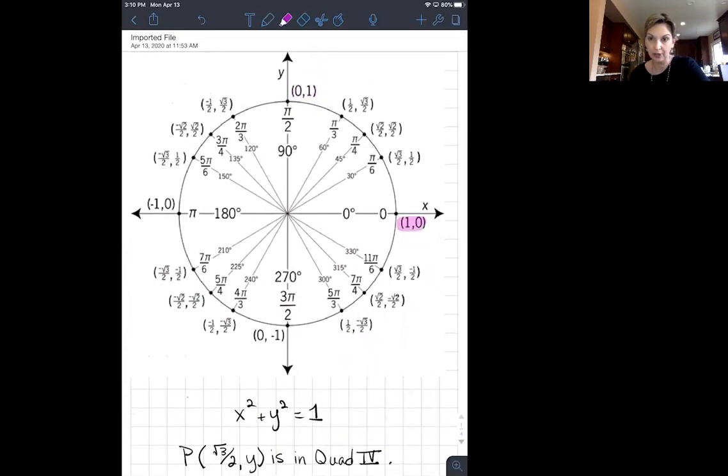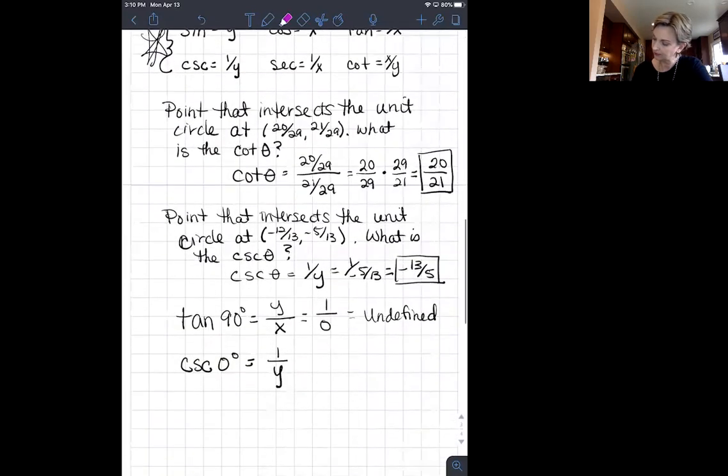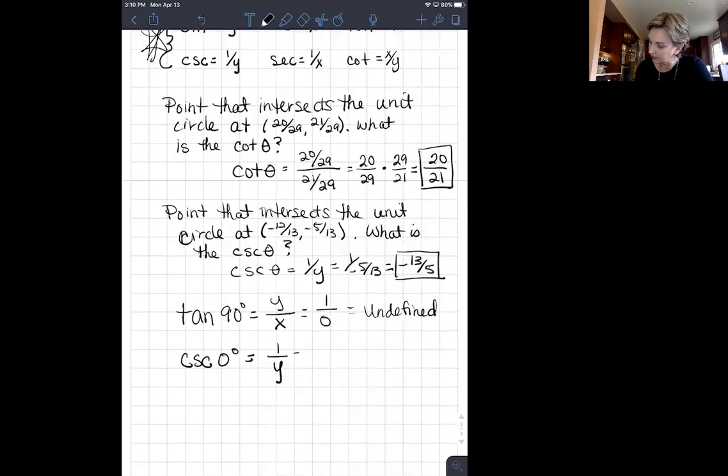At 0 degrees, our x is 1 and our y is 0. So that's undefined. Cosecant at 0 degrees is undefined. There's no answer. You can't have a 0 in the denominator.